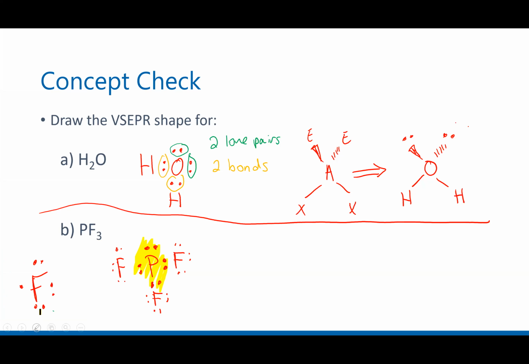Okay, there we go. Now pen, orange, there we go. So I have one lone pair. I know it's a lone pair because it's not bonded to anything. There's no other atom up there. And then I have 1, 2, 3 bonds.